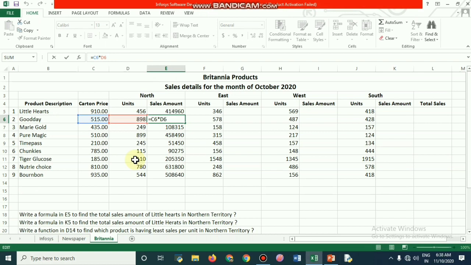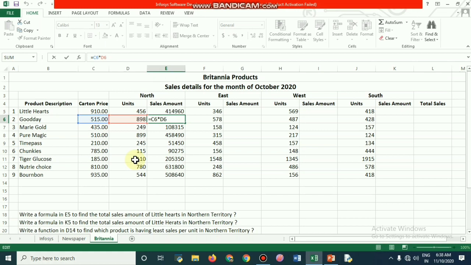Relative cell referencing is where the cell addresses automatically get adjusted with reference to the current cell during the copying of the formula. Here the formulas are being copied down and the cell address automatically gets adjusted with reference to the current cell during the copying of the formula. This type of referencing is known as relative cell referencing.